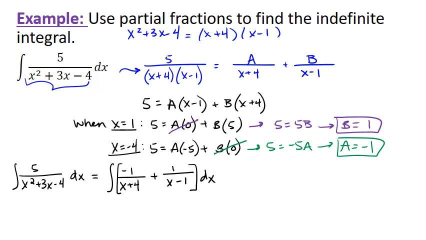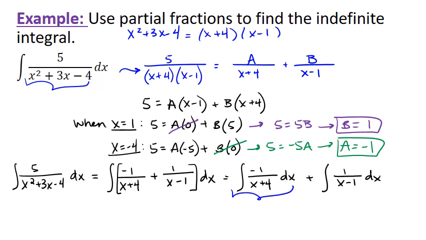Because they are the same thing. Now if you want, you can write this as separate integrals because they're separated by this plus sign. So you can integrate each of these separately.